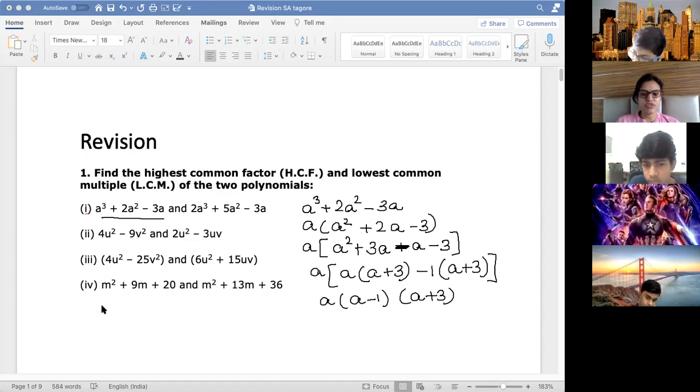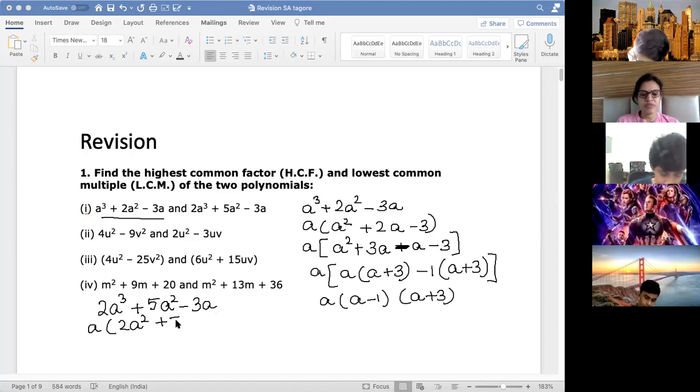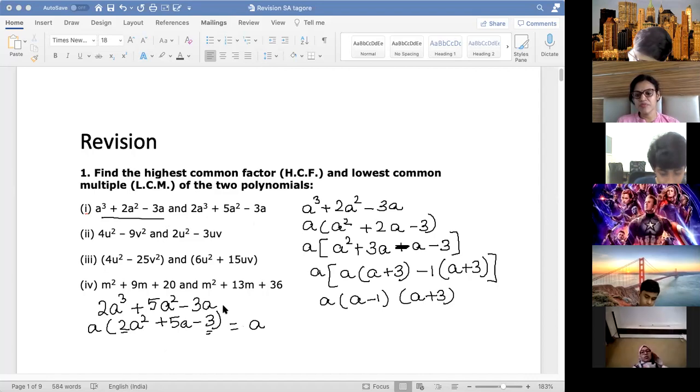Now factorization of this is, I'm doing it over here. Find out this: 2a cube plus 5a square minus 3a. Again, you will see that all the three terms have got a. So you will take out a common: 2a square plus 5a minus 3, which you again factorize. Now see, here 2 is there and here minus 3. So you need to multiply, so minus 6. Those who are doing on your own, just check your answers from here.